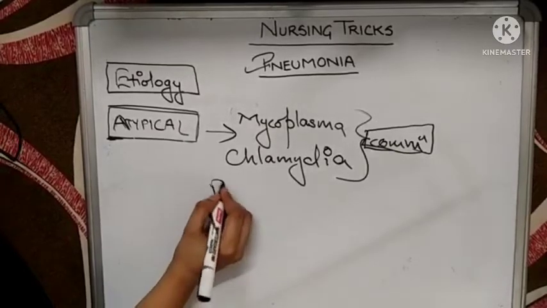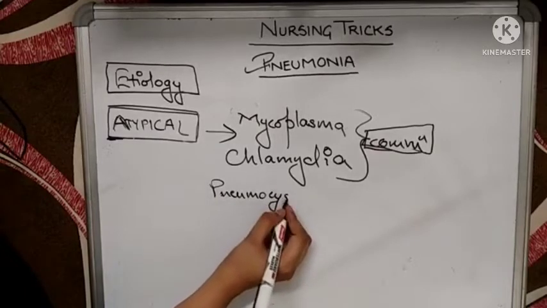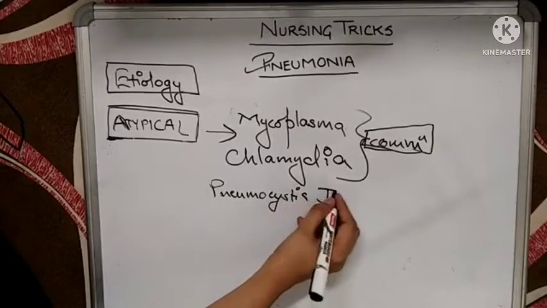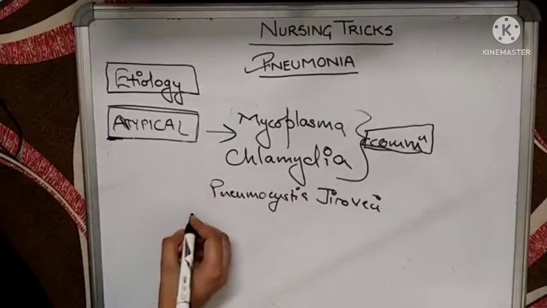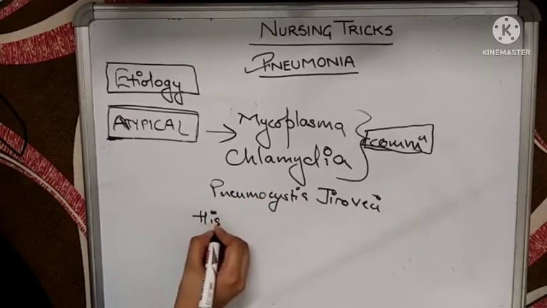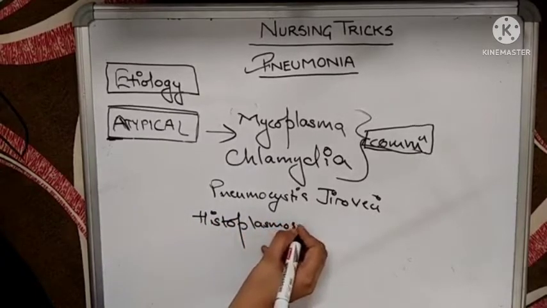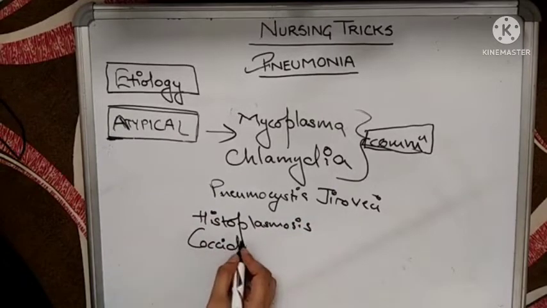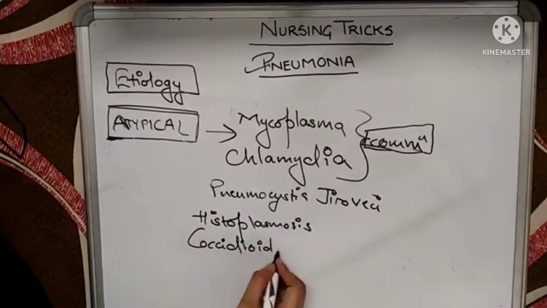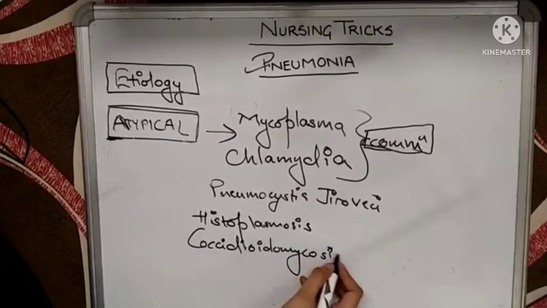Now very important, you must have seen this name, Pneumocystis jirovecii, and histoplasmosis and coccidioidomycosis.